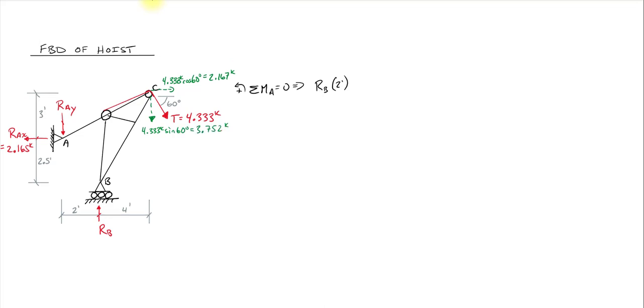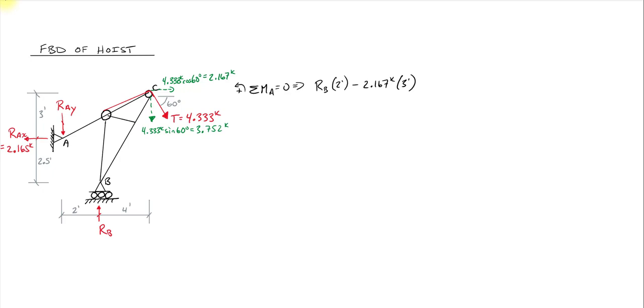3.752. Now that means that, let's do the X one first, I suppose. It doesn't really matter. We'll have 2.167 kips acting at a distance of 3 feet from point A. So we'll say times 3 feet, and that's going to be a clockwise moment, right? Because it's wanting to cause a clockwise moment about A. So we'll say that's negative.